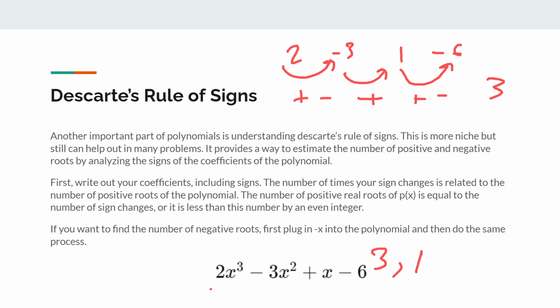So for negative roots, if you plugged in -x, you'd have -2x cubed minus 3x squared minus x minus 6. There's no time where it changes from negative to positive, so you would have 0 negative roots. So I have 2 cases.